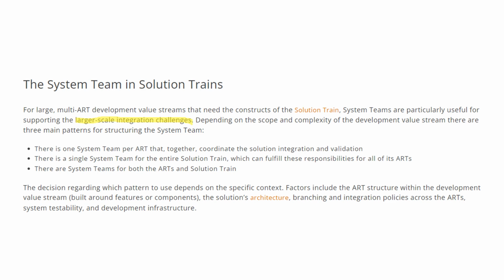That is one way of working. The second way of working is a single system team for the entire solution train, which is responsible for all of its ARTs. That is also a way. The third pattern is a mix of both: system teams at both levels, at ART level as well as solution level.